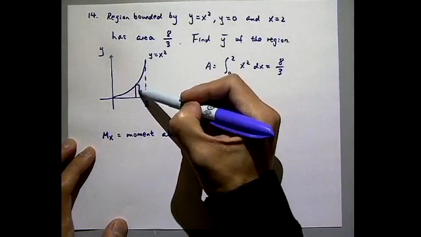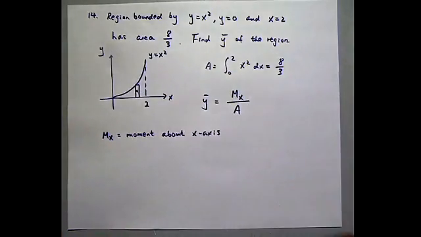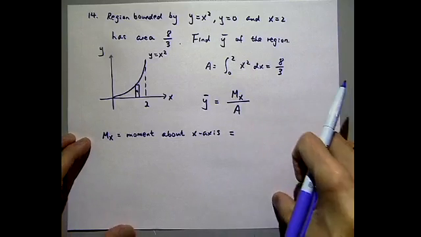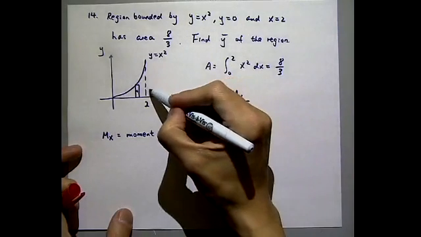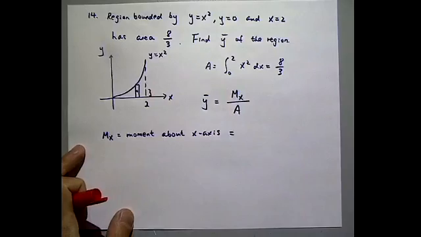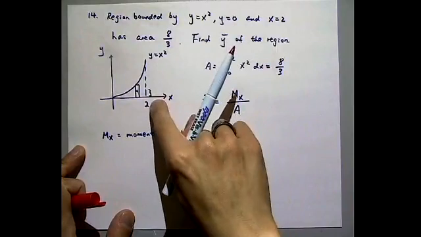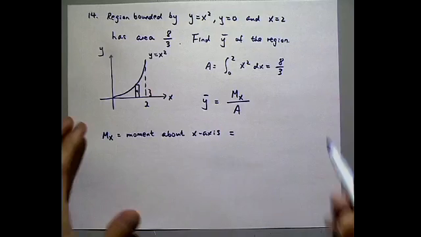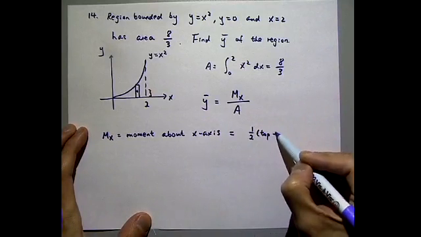Okay, so imagine you divide this into little rectangles here, and then the dot there is the centroid of that rectangle. First thing we need to figure out is how far that dot is from the x-axis, because we're looking for a rotation about the x-axis. That's always 1/2 the top curve plus the bottom curve.